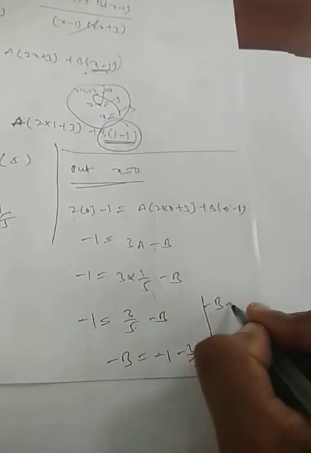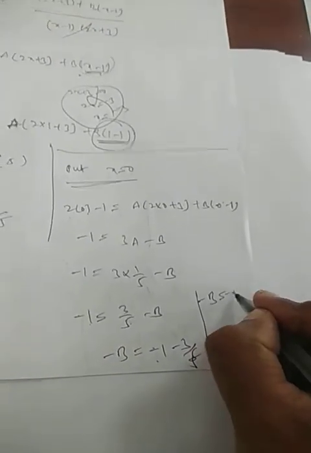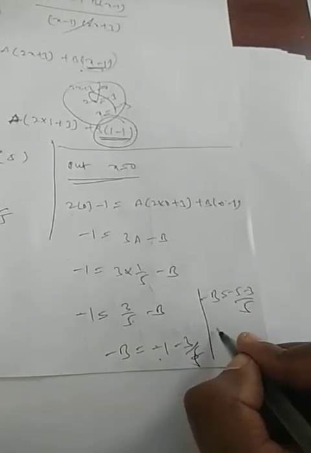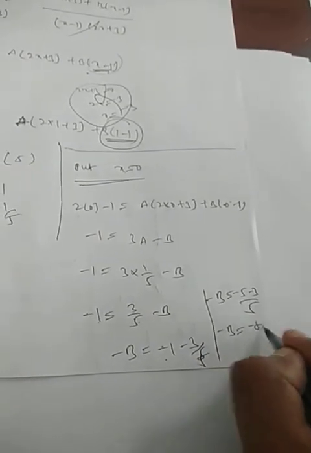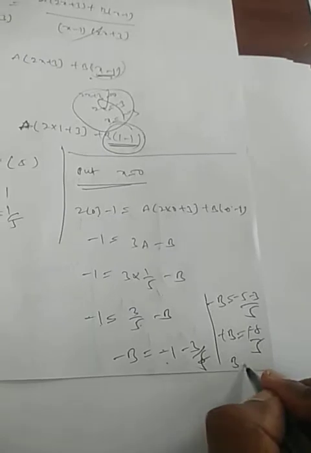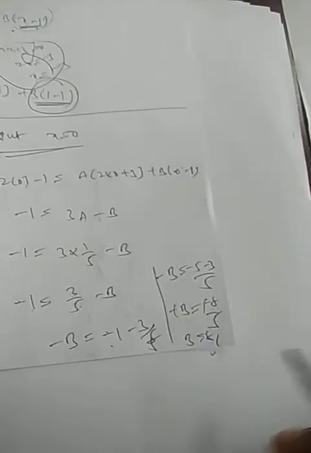Now minus b is equal to, 5 ones are 5, minus 5 minus 3 by 5. Minus b is equal to minus 8 by 5. Minus minus cancel, b is equal to 8 by 5. See, a is what? 1 by 5. b is 8 by 5. This is simplification.